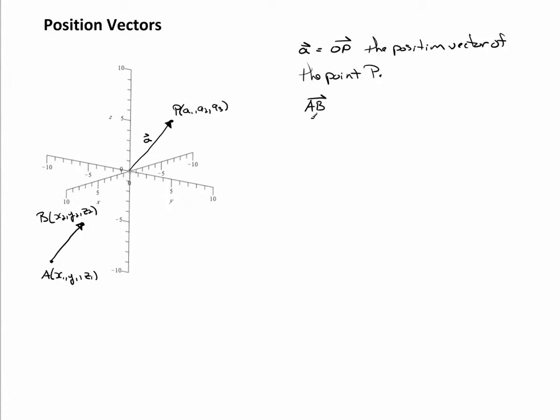Any other representation of OP, such as AB, must have coordinates for the points x1, y1, z1, and x2, y2, z2. These coordinates must satisfy, and the reason it must satisfy is because AB is a representation of OP, the following.